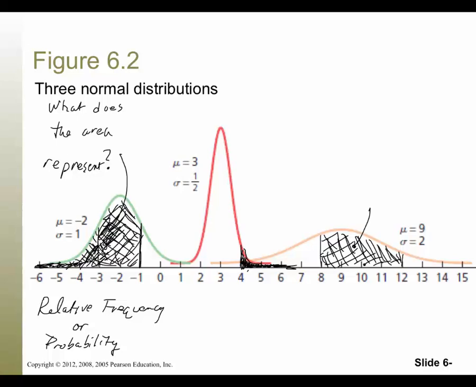Frequency is actually counting how many. And relative frequency is our chunk or a portion of 1. The area will be a relative frequency. And so in this case, it's the relative frequency or probability that the value of the variable is between 8 and 12. That's what that area represents.